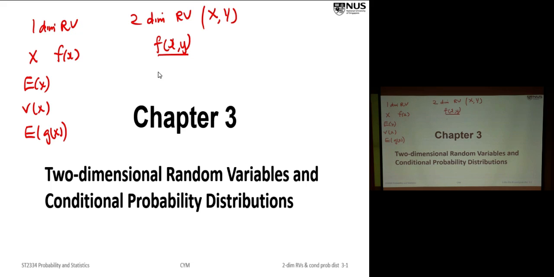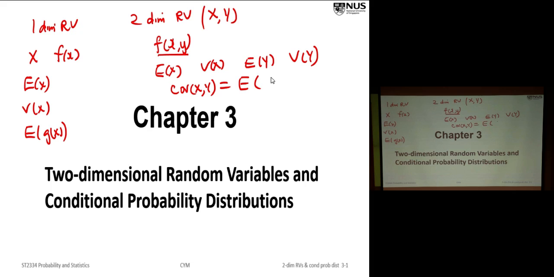Then we talk about expectation of x, variance of x, expectation of y, variance of y. So these are okay. One more thing: we talk about something called covariance of x and y. This measures the behavior of x and y together.